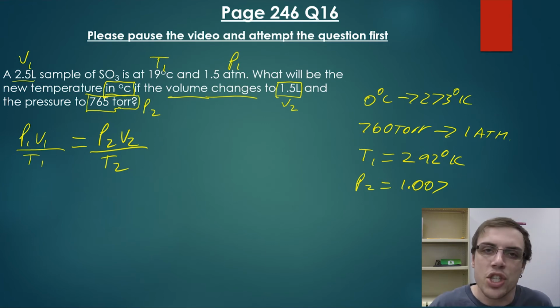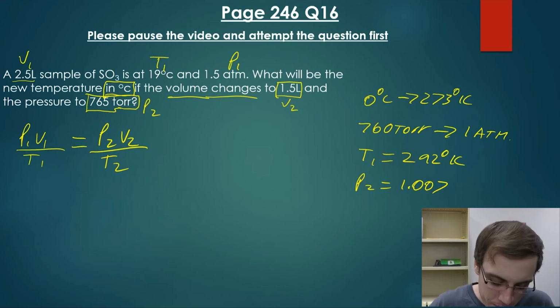Okay, so now that we've made sure that our units are nice and converted, we do what's called a plug and chug. We plug all of our numbers into the equation and we chug out the number.